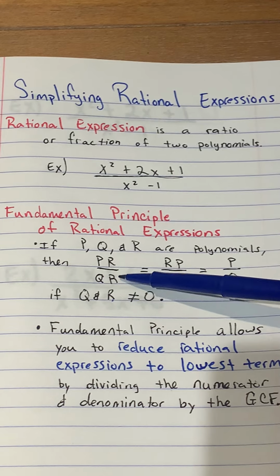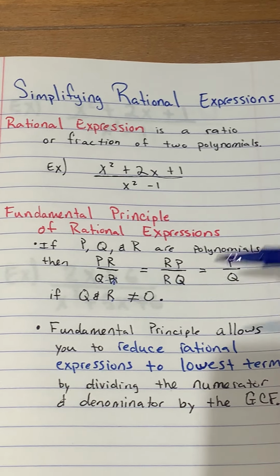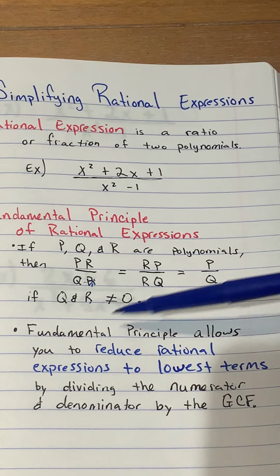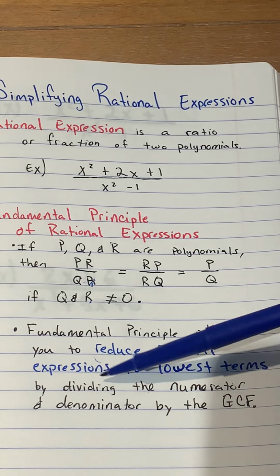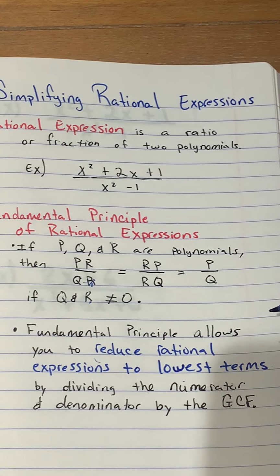Why is that? If this were equal to 0, it would be undefined. Another quick definition you should write down: the fundamental principle allows you to reduce rational expressions to the lowest terms by dividing the numerator and denominator by the greatest common factor.